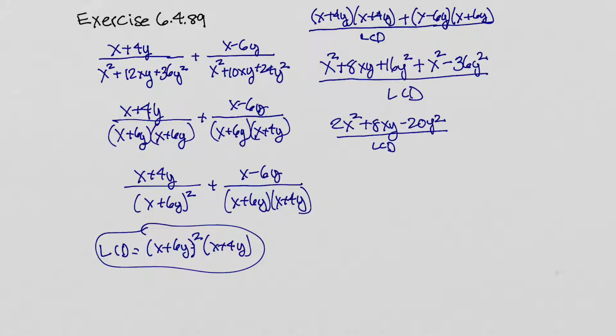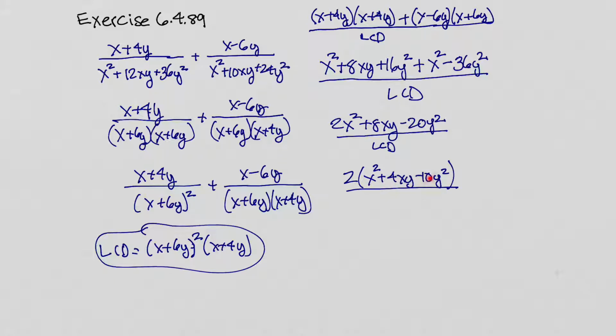Now, I noticed that every term up here has a 2 in it. Let's factor the 2 out. So we'll get 2 times x squared plus 4xy minus 10y squared over, now, I'm thinking we're going to be done here. This is not going to factor. At least I don't see it. A 10 and a 1, I can't get a 4. 5 and a 2, I can't get a 4.